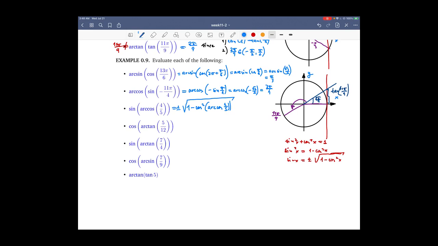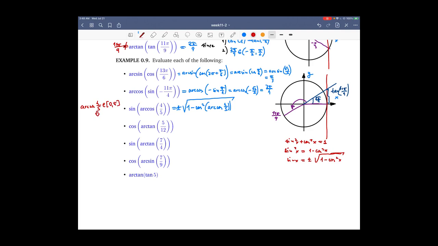The question is, should it be plus or minus? Well, at this point we should recall that arc cosine of any argument, including 4/5, is in the interval 0 to pi. That's the first quadrant or the second quadrant.